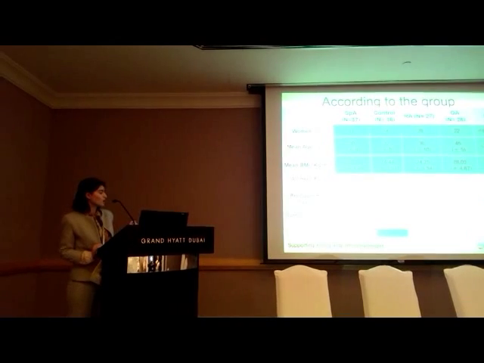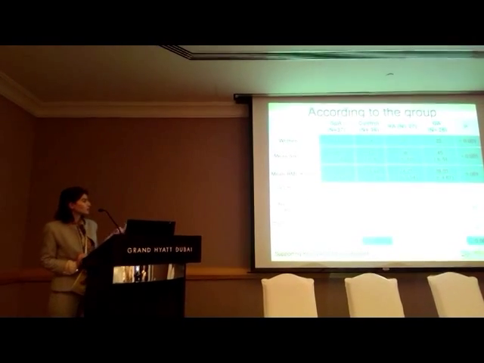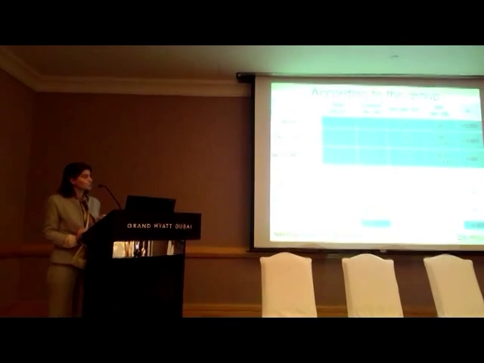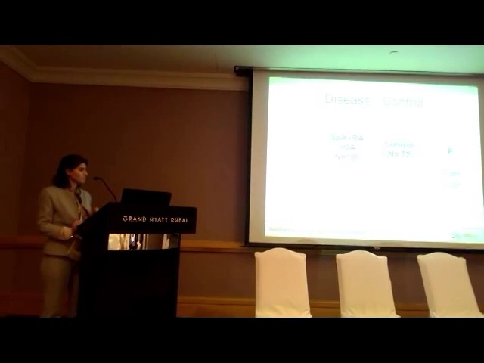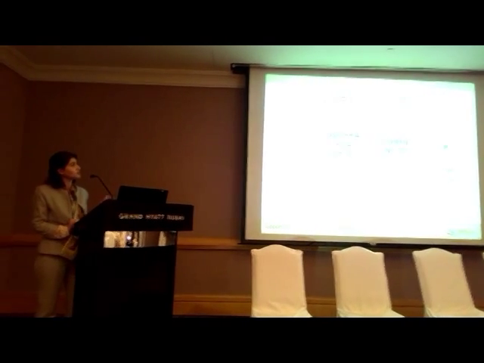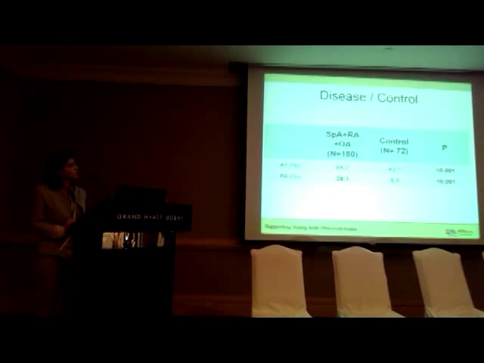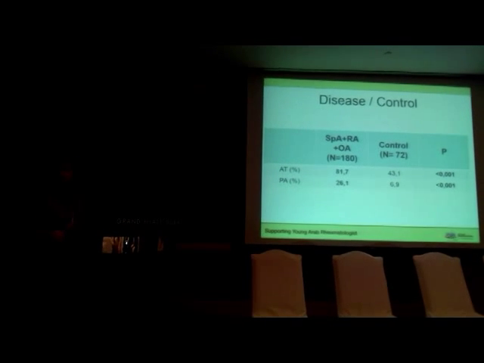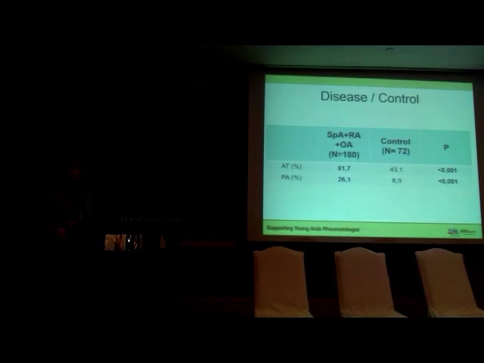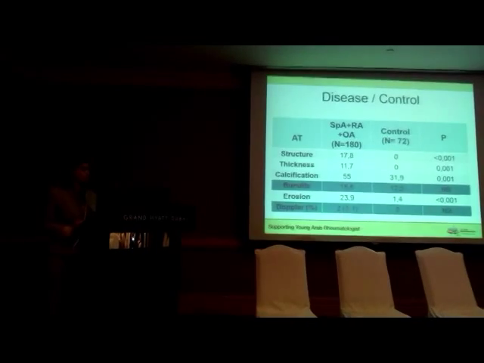Also, anti-inflammatory drugs were less taken by the control group. After that we compared the disease group, which included spondyloarthritis, RI, and osteoarthritis, to the control group, and we noted that the Achilles tendon and PA were more frequently affected in the disease group.